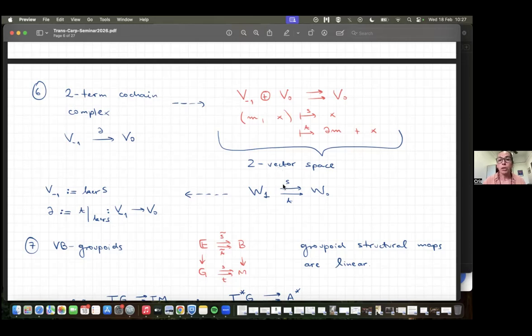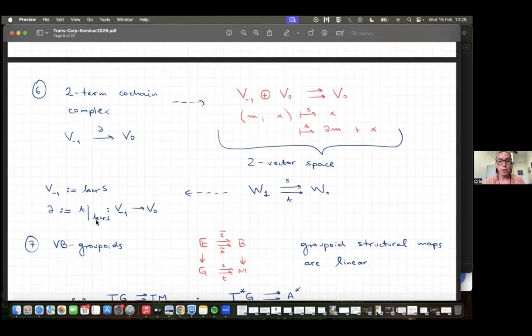And given a two-vector space, W1 over W0, you can construct a two-term complex by taking V minus 1, the kernel of the source, and partial is given by the restriction of the target to the kernel of the source. So there is this bridge between two-term complexes and two-vector spaces.